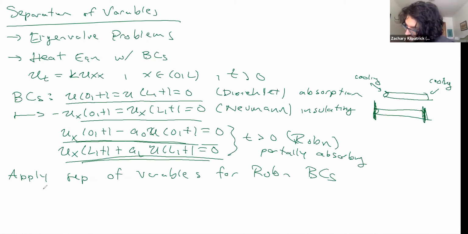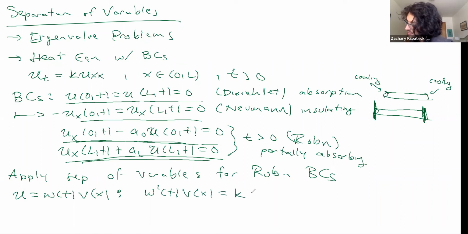If we apply separation of variables, then U is going to be equal to W(t) V(x). If I plug that in, then I get W'(t) V(x) is equal to K W(t) V''(x).